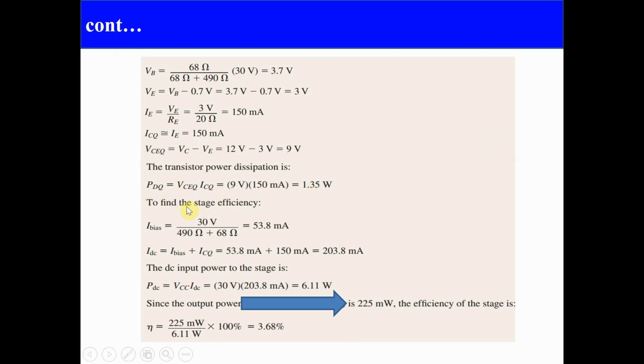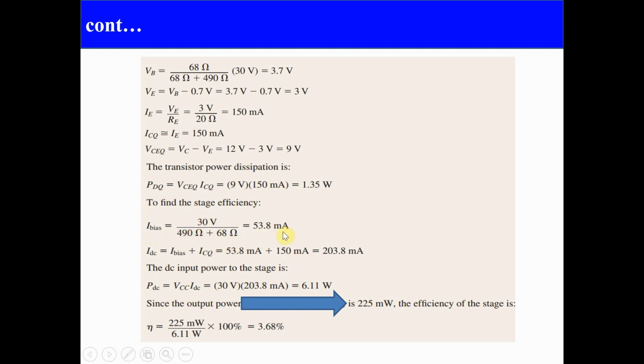Now to find efficiency: eta is equal to P out upon PDC. How can we find PDC? PDC is equal to VCC into IDC. VCC we know. IDC is equal to I bias plus ICQ. What is I bias? I bias is nothing but VCC upon R1 plus R2.